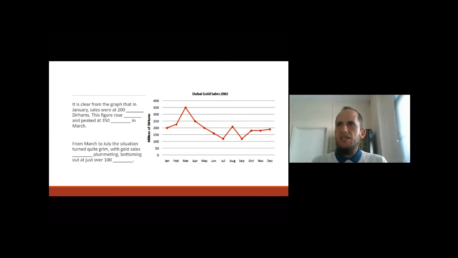So let's have a look at this one here. Let's start with the first key feature. It is clear from the graph that in January, sales were at 200. And what's the missing word?